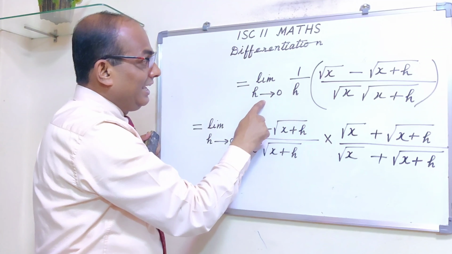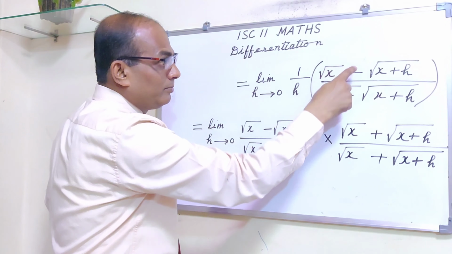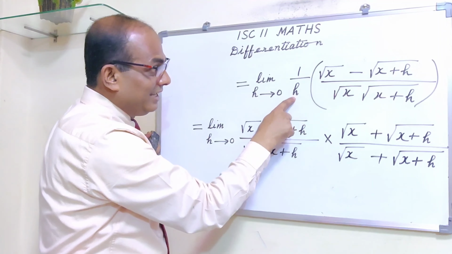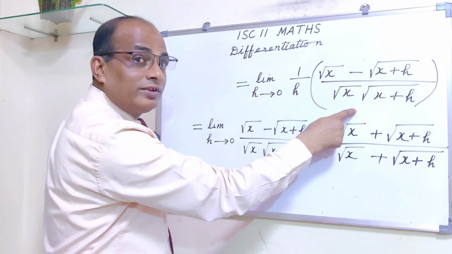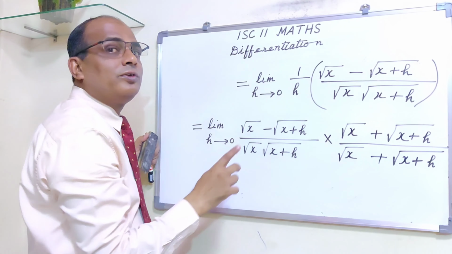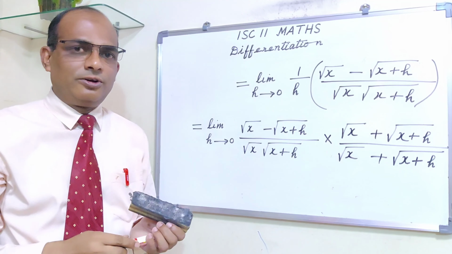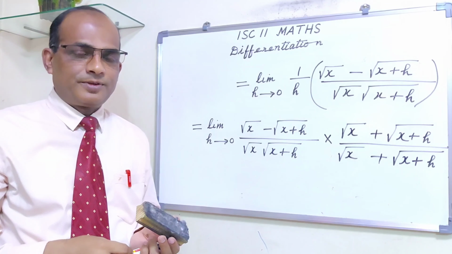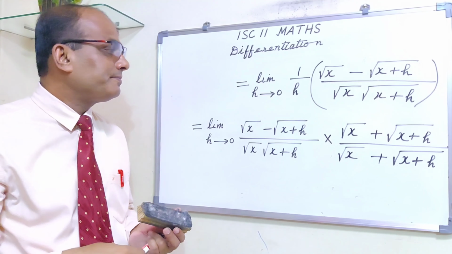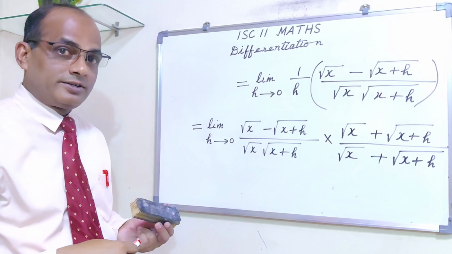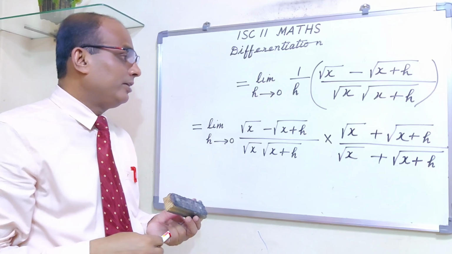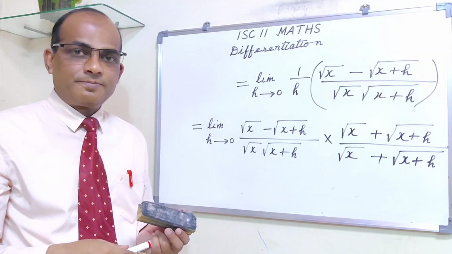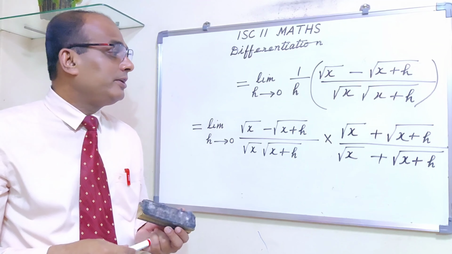But h is also 0 there, so 0 into x is 0, so 0 upon 0. 0 upon 0 is an indeterminate form where we have to find out the limit. That you must have been taught when you were doing limits.